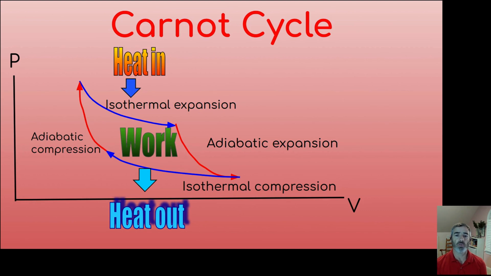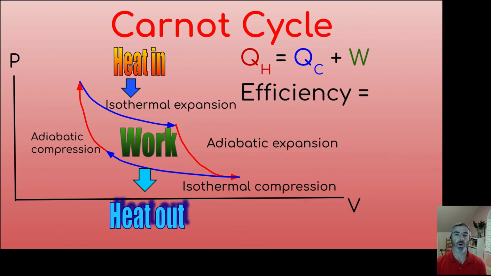So we know that's an overall negative amount of work, but the heat is equal to the cool heat plus the work, and that's a negative work that's done on the gas. So the efficiency can be calculated simply by doing the work divided by the warm heat, and the cool heat is the waste heat.